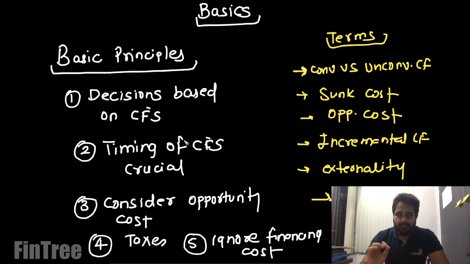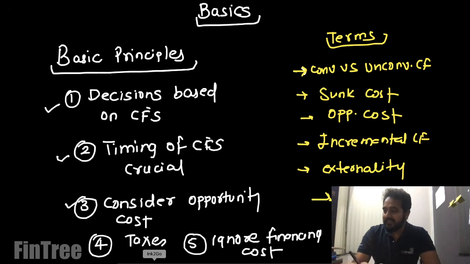You want to take a decision based on the cash flows. And we know that it is not necessary that the amount of profit and the amount of cash flows would be exactly the same. It is quite possible that these are different numbers. Second, timing is important. If I am receiving 100 today versus 100 one year from now, these two are different amounts. So timing matters.